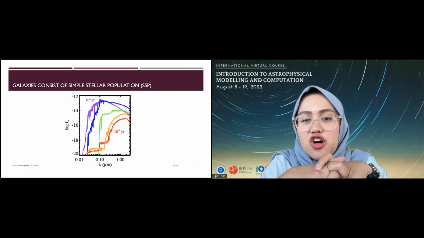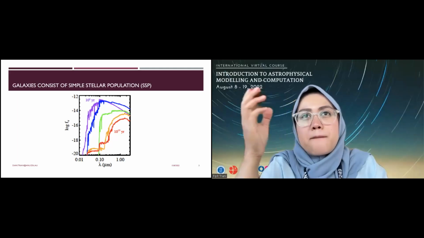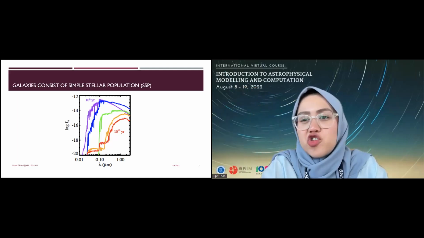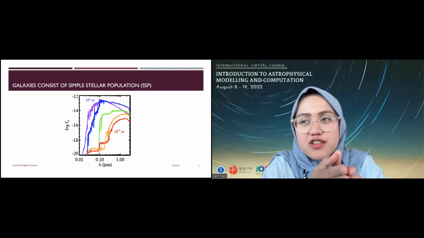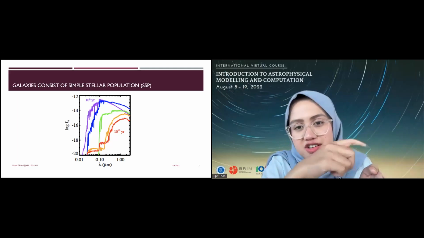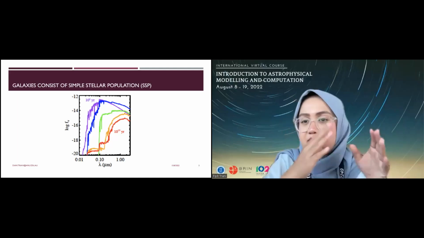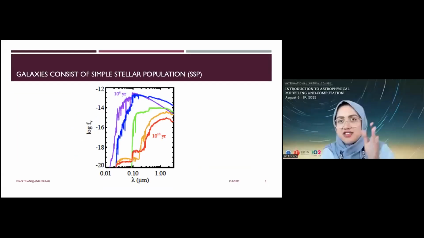Galaxies consist of lots of stellar populations. Stars usually form in bursts. So in one episode of star formation, the stars that are formed will have the same age and the same metallicity. So the star formation is episodic. There is one episode of star formation that transforms this much gas into stars. Then those stars belong to what we call simple stellar populations.